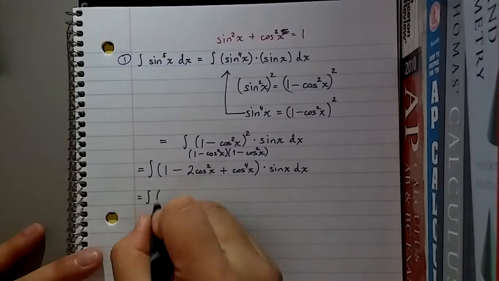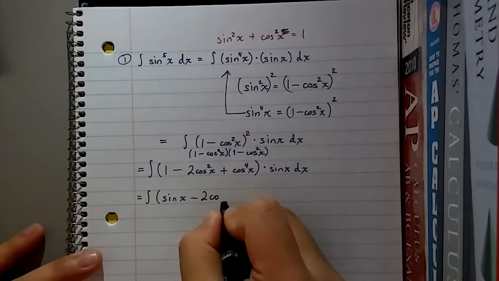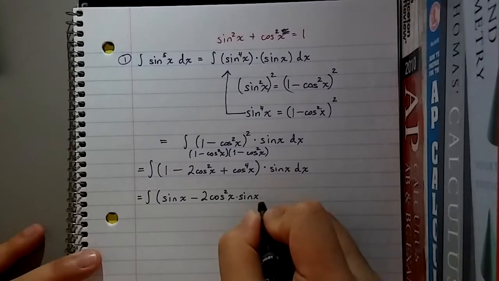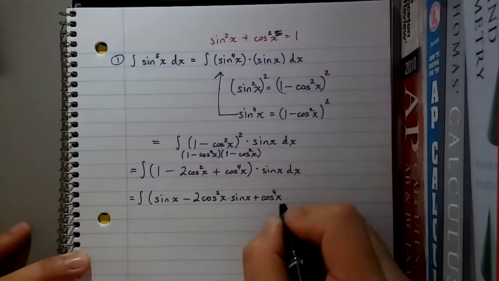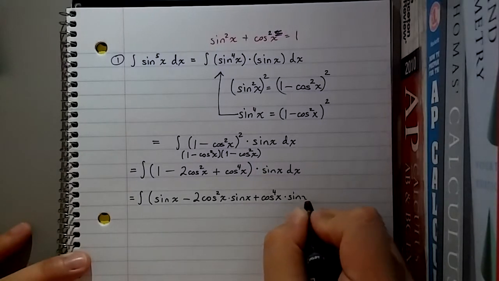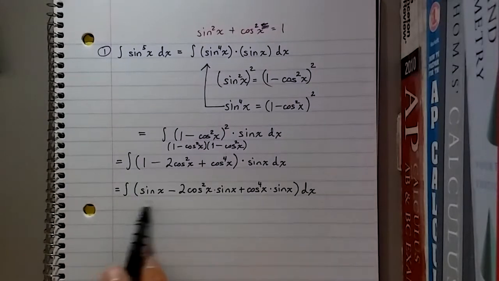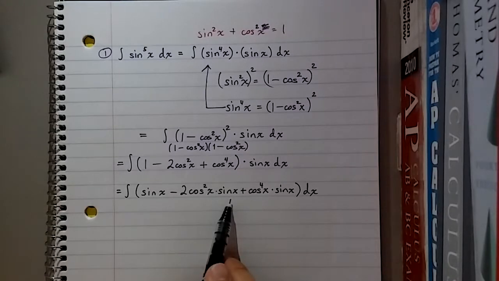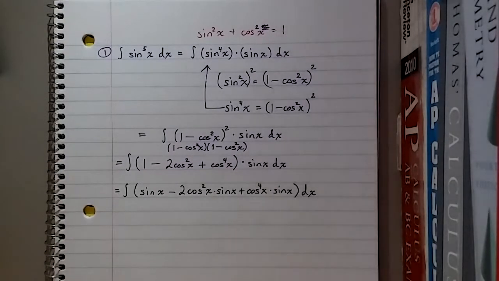So now we have sine x minus 2 cosine squared x times sine x plus cosine x to the fourth times sine x dx. And from here, it's not bad because we could integrate sine. We could integrate 2 cosine x squared sine x because you could just do U sub. And the same story here, you could do U sub as well.